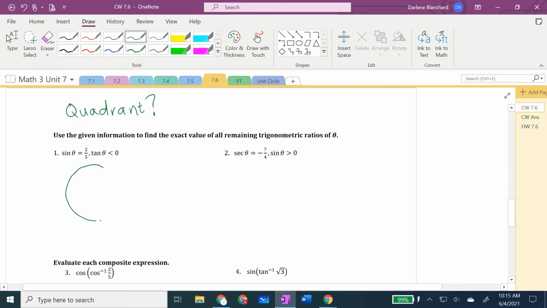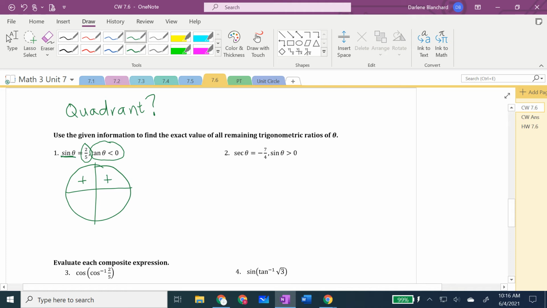And what you can do is you can take a moment to think. Sine is a positive number. Sine is positive where y is positive. That means we're dealing with either quadrant 1 or quadrant 2. Then I have this extra piece of information that tells me that my tangent is negative.